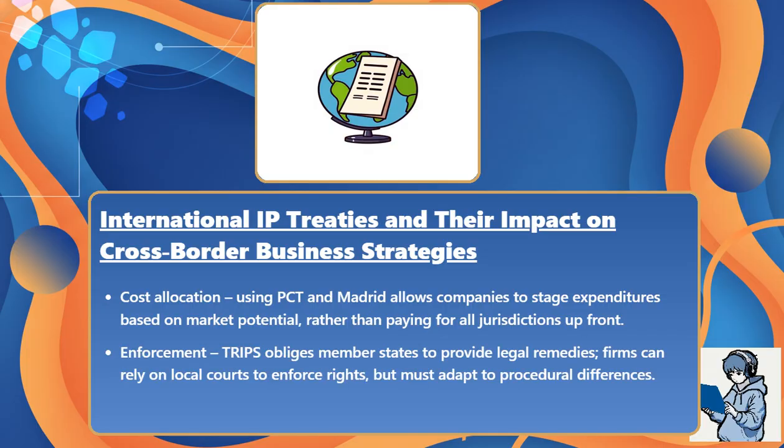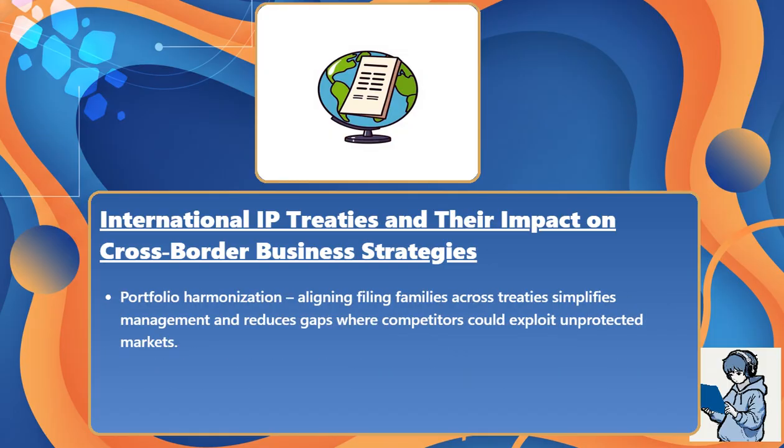Enforcement. TRIPS obliges member states to provide legal remedies. Firms can rely on local courts to enforce rights, but must adapt to procedural differences. Portfolio harmonization. Aligning filing families across treaties simplifies management and reduces gaps where competitors could exploit unprotected markets.